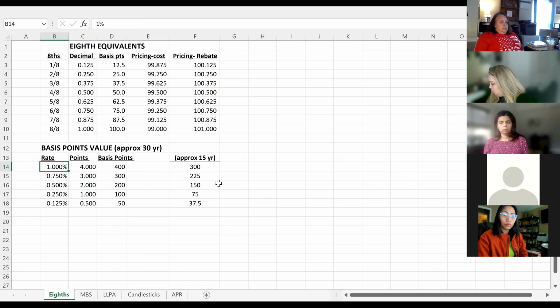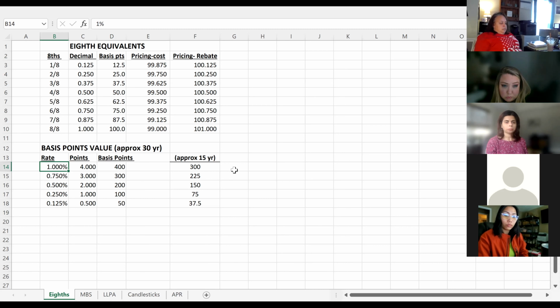So if you were trying to get a 1 point premium on an arm, you'd have to go much higher in rate. On the other side, if you could get the borrower to pay 1 point, then you would get a big improvement in rate, bigger than on a 30-year fixed. That's just the way it works. So here's your 30-year, and here's approximate for 15, but also for arms, which we're gonna see coming to market pretty soon. Any questions about this?